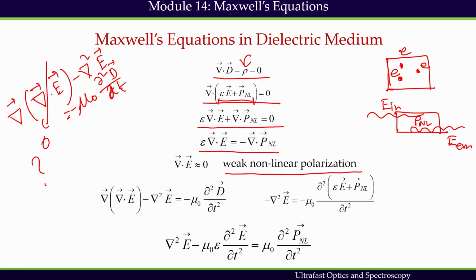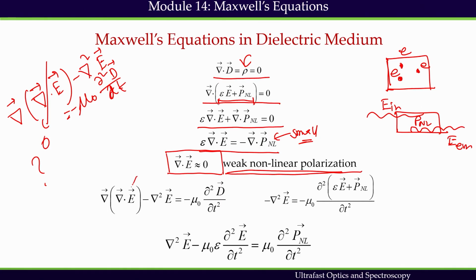So if we consider that very weak nonlinear polarization, then we can assume that this PNL is very small, and if it is very small, we can consider it negligible or 0. So under this weak nonlinear polarization approximation, I can take the divergence of the field to be 0. In that case, this becomes 0.